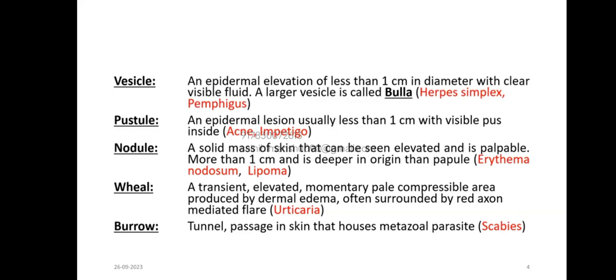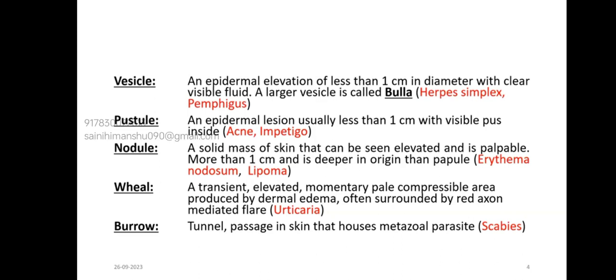It will be red in color usually, or a pink discoloration, and it is often seen with a red axon-mediated flare. That is, the temperature will be raised with the reddish, soft, bulging area, and urticaria is the example. Hypersensitivity reaction type 1.